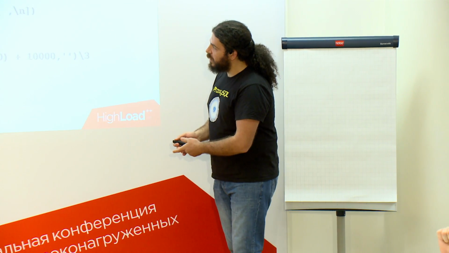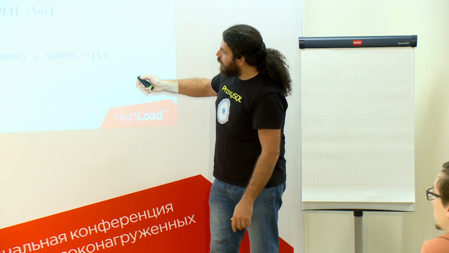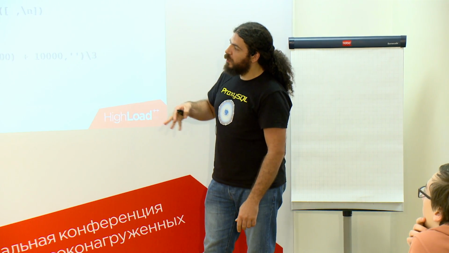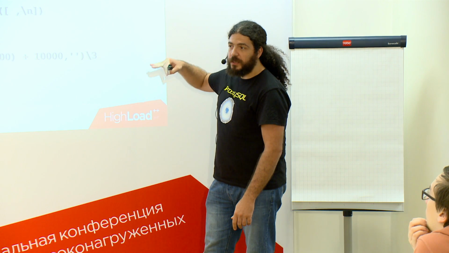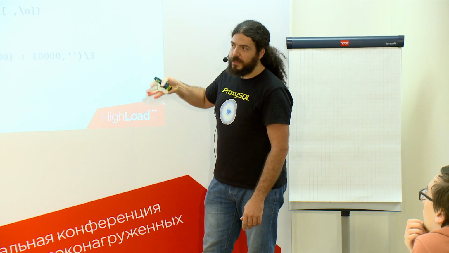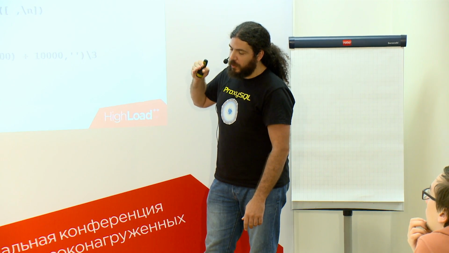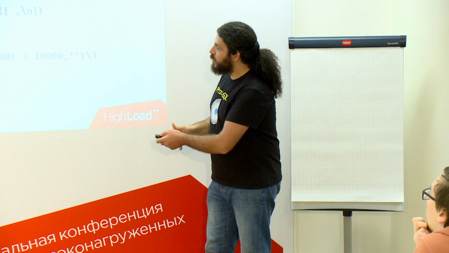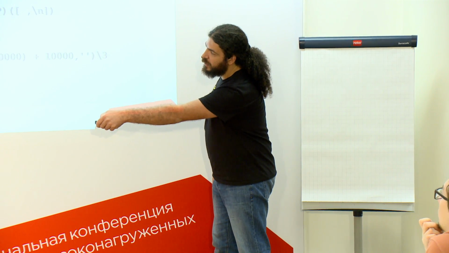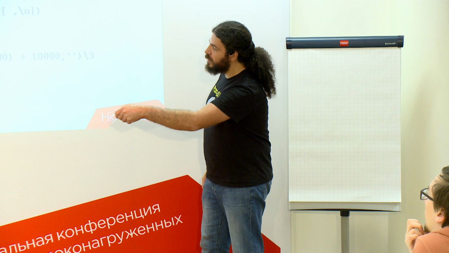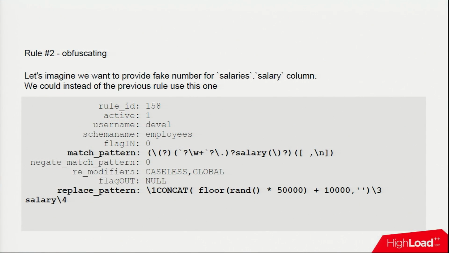Something interesting here is that, as I was saying before, no matter what query we send to the database server, the column definition should be the same. So we're actually adding salary at the end of the rule. So this is aliased to salary. When the client gets the result set, the column definition will be salary instead of this long concat and this random generator. Make sense?